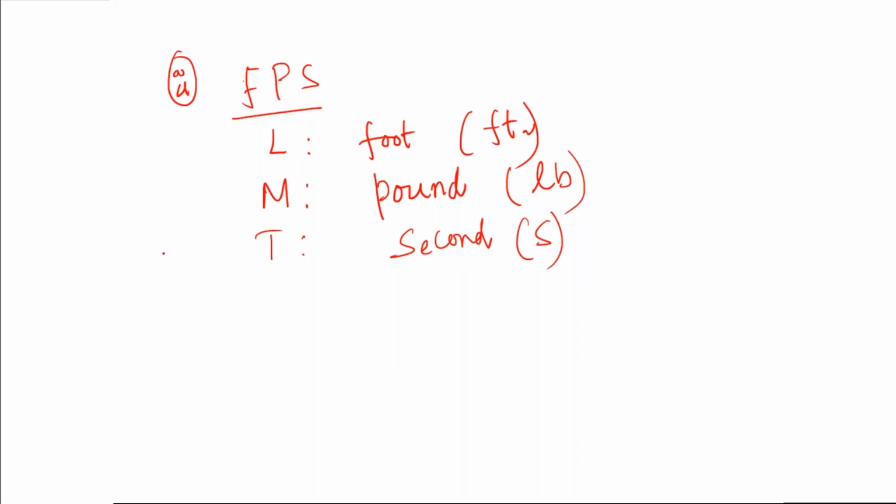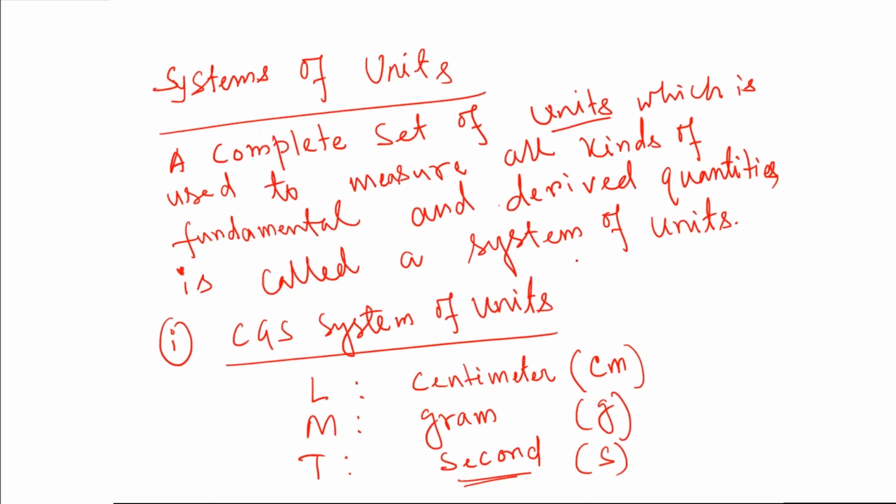And then you have the MKS system. MKS is actually a French system of unit. CGS is also a French system, set up in France first.